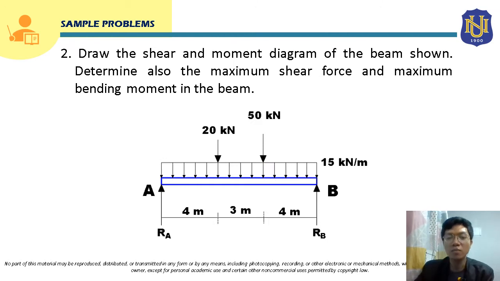For sample problem number 2, we are going to draw the shear and moment diagram for the beam shown, and determine the maximum shear force and maximum bending moment in the beam.